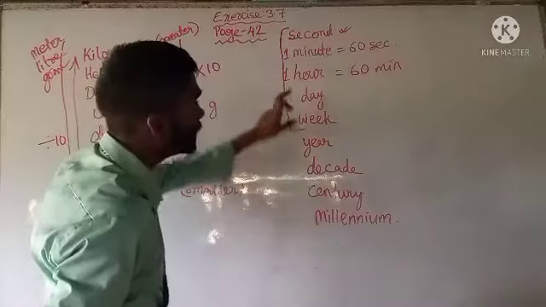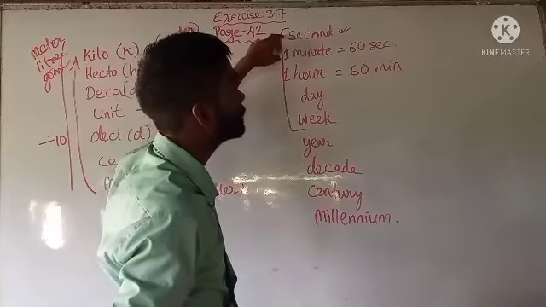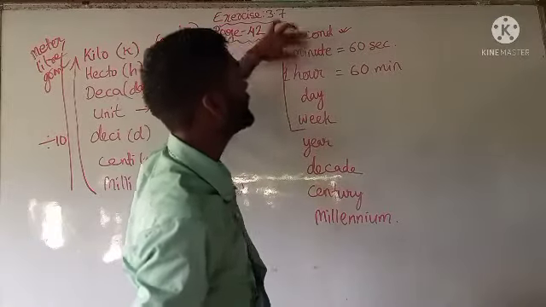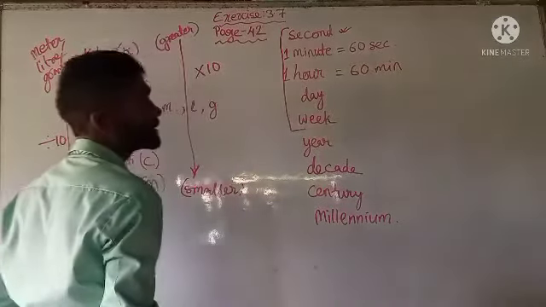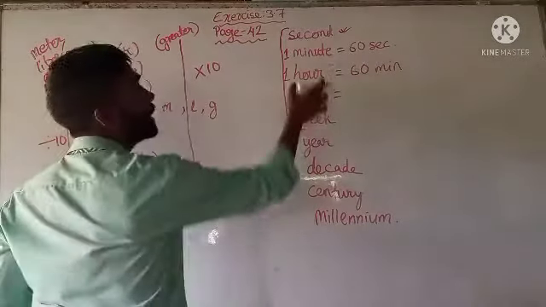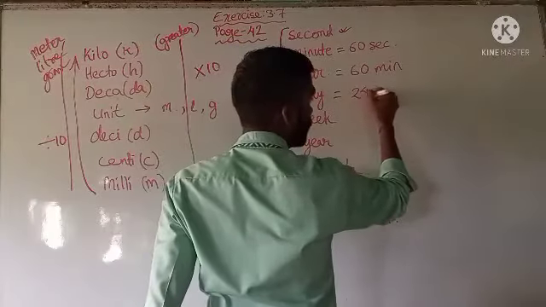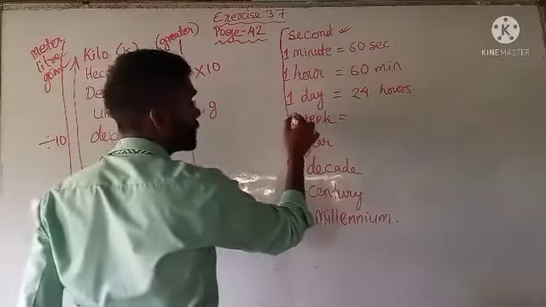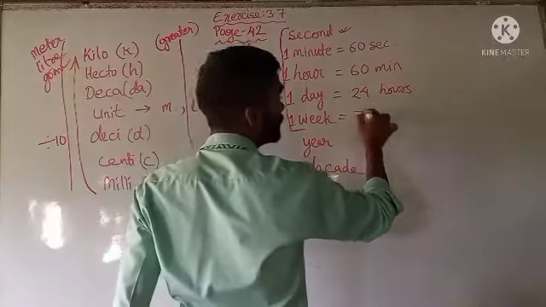If I say convert hour into seconds, then what will happen? First, you will convert this hour into minute and then you will convert it into seconds. Now, in one day, how many hours are there? There are 24 hours. In the same way, in 1 week, there are 7 days.